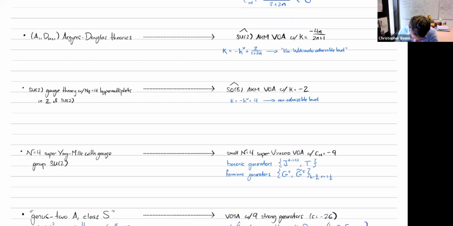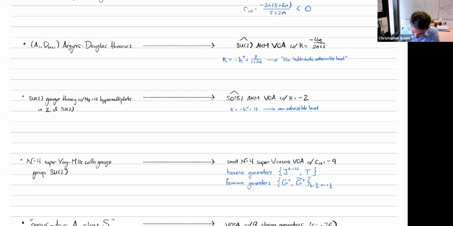On the other hand, if you go and study maybe the simplest superconformal gauge theory in 4 dimensions, which is SU(2) gauge theory with 4 hypermultiplets in the fundamental, then you get, again, just an affine Kac-Moody vertex algebra, in this case, at level -2. -2 can be written as minus the dual Coxeter number of SO(8), which is 6, plus 4.